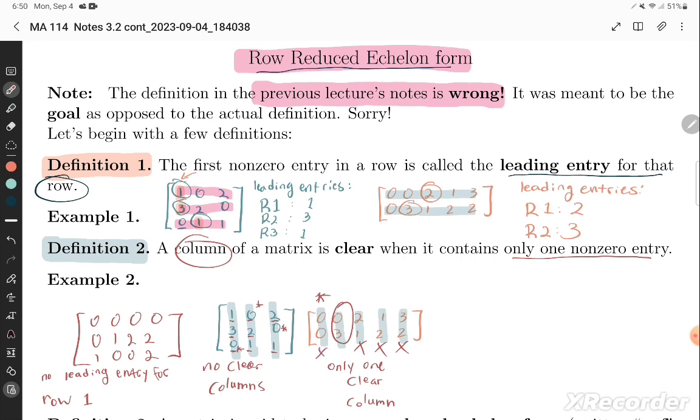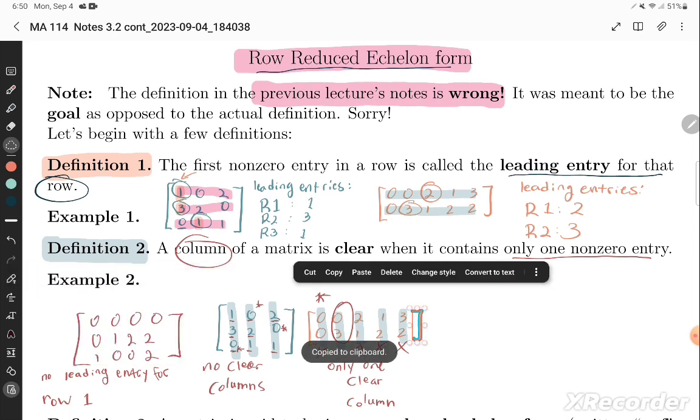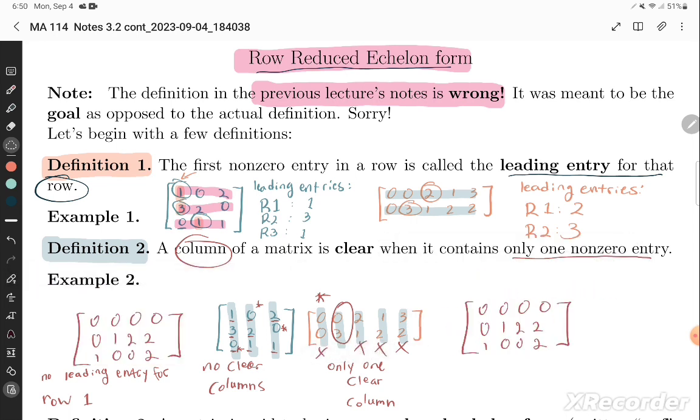and then none of these other columns are clear. And then I'm going to copy and paste this last matrix and paste it over here. Now, if I look at it, I've got almost every single column clear.